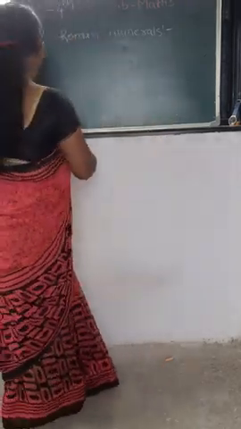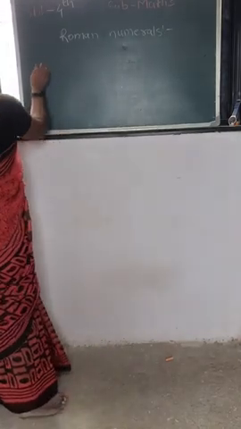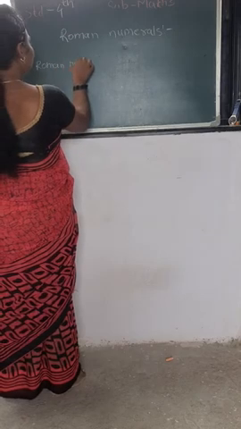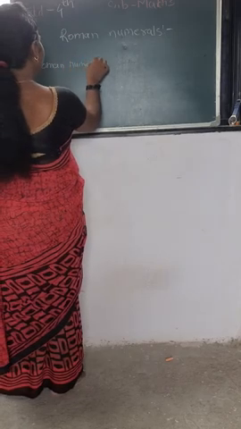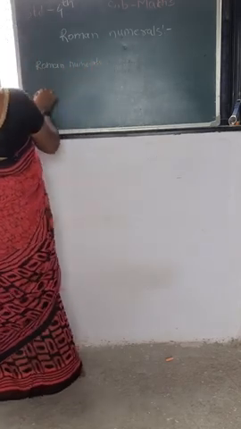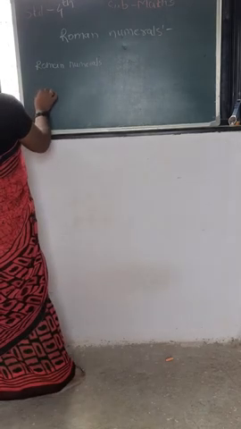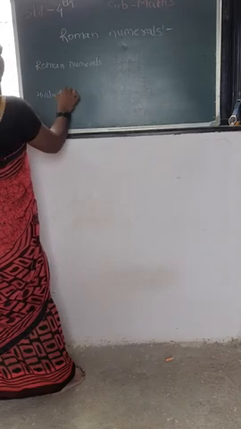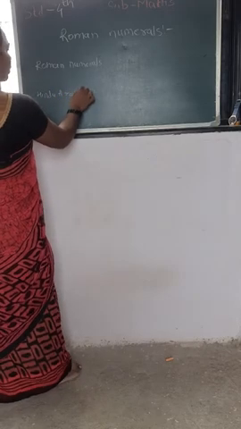Then we have given, firstly, Roman numerals. The next column is Hindu-Arabic numerals.